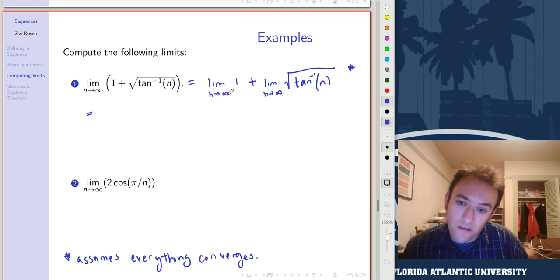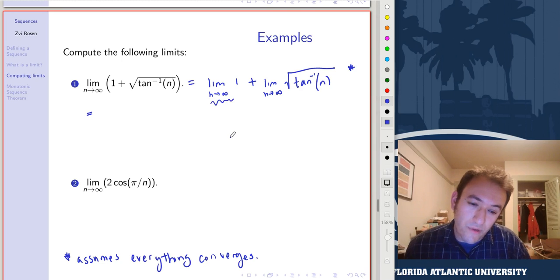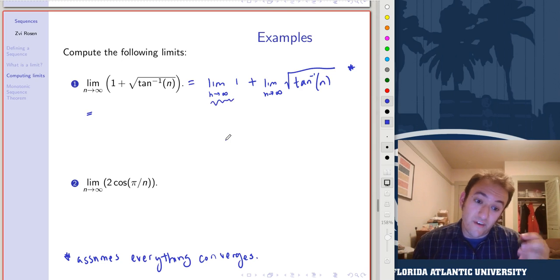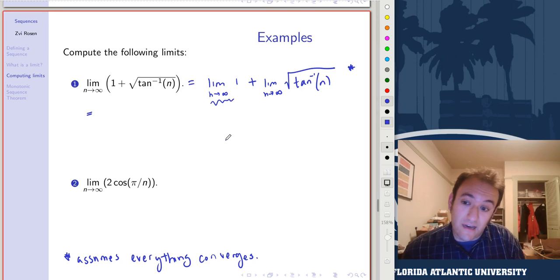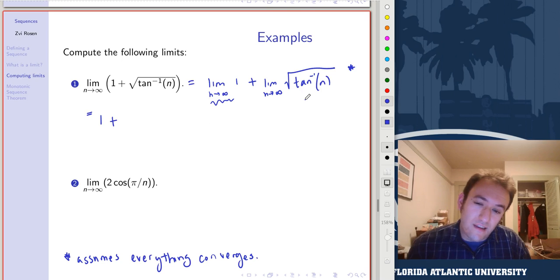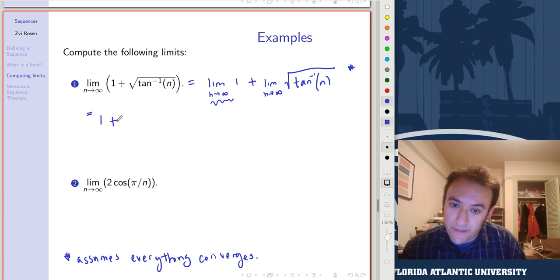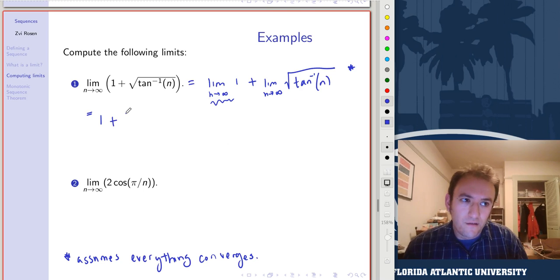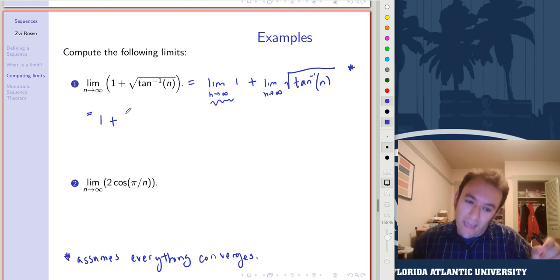Okay, so then we know that the limit of a constant sequence is just the constant, so that's 1, plus, now we have the limit of a square root. So square root is a continuous function for all non-negative numbers, right? Its behavior at 0 is a little tricky.